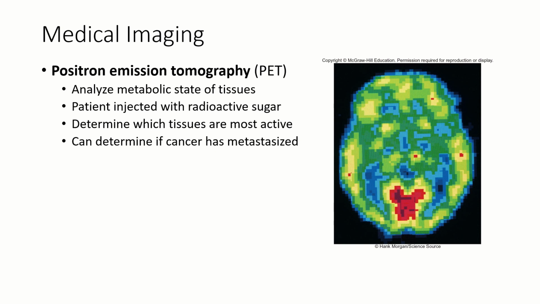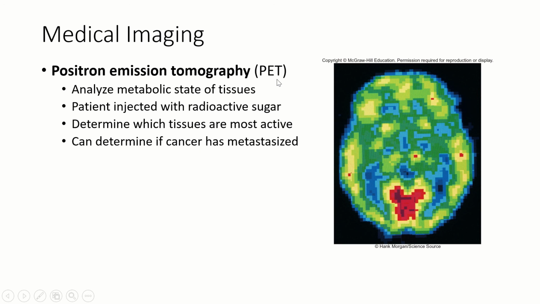So this is a PET scan, a positron emission tomography. Positron emission tomography, or PET scan, uses radioactive sugars, so it is radioactive. And it relies on the fact that cancer cells have a very fast metabolism. They're constantly working because the thing that makes them cancerous is that they are replicating themselves all the time, whereas most cells don't do that.